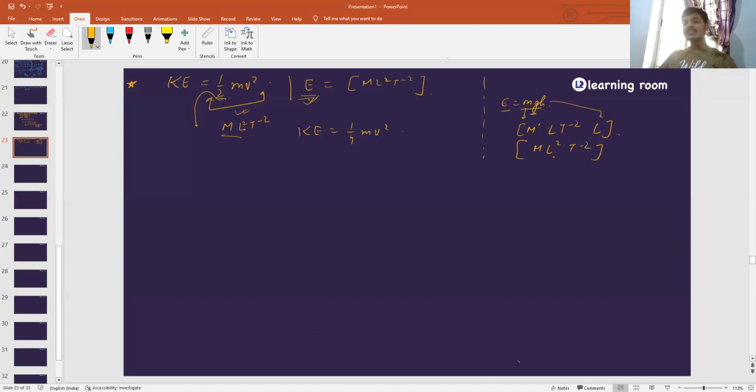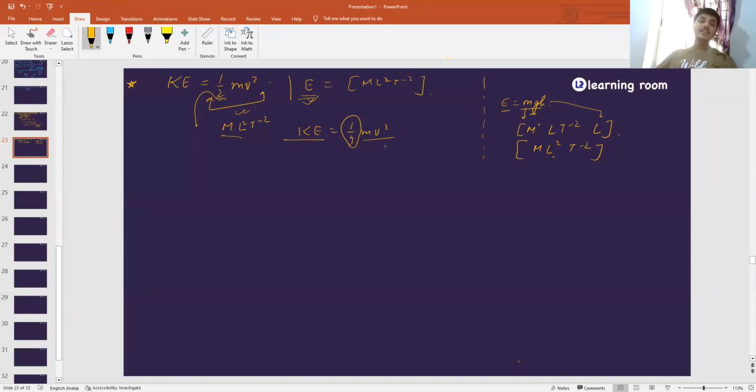Can you prove with dimensions that this is wrong? No, you cannot prove. Why? Because we don't consider the constants. It will be removed. So the dimension of this will be the dimension of this. 1/4 has got no dimensions.